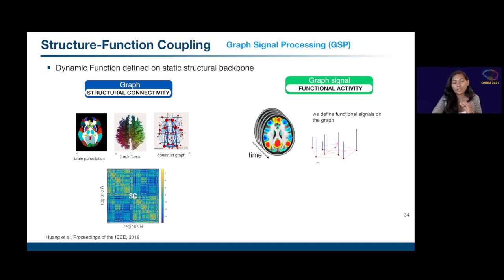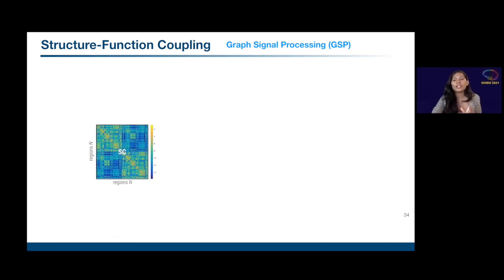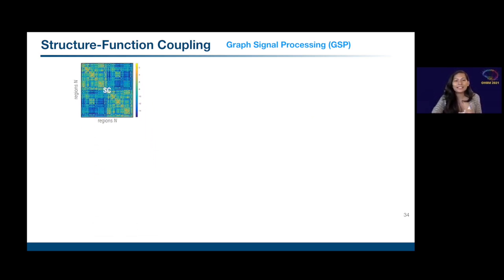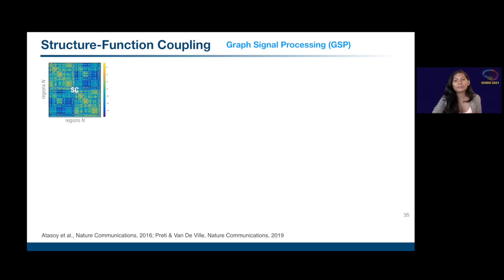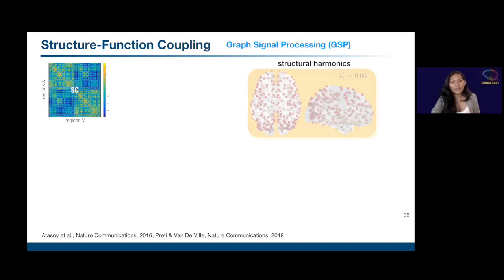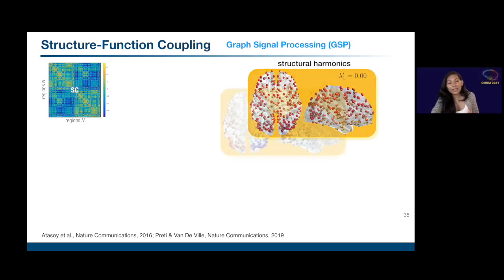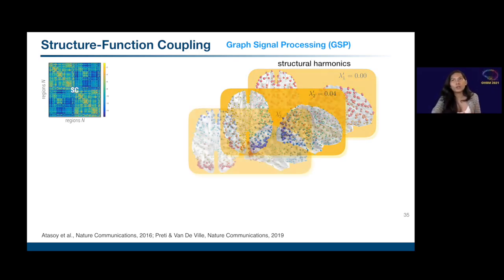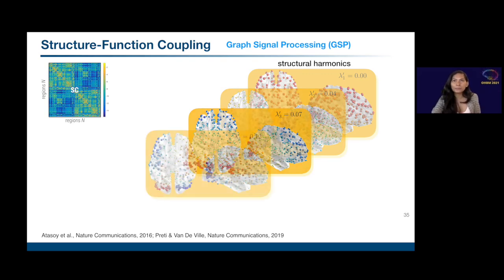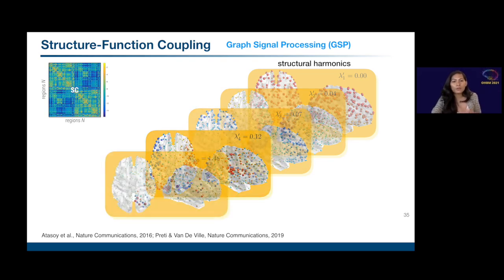And from the structural connectivity, we can then assess the behavior of functional data by first decomposing the structural connectivity into its constituent eigenvectors. This is done by decomposing the Laplacian of the structural connectivity and looking at the eigenmodes, which were first introduced to us by Atasoy and colleagues.